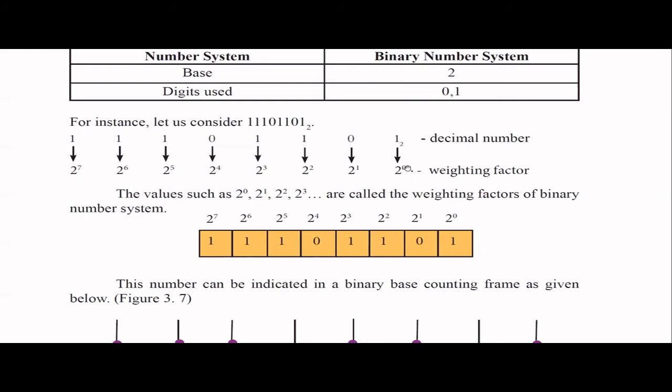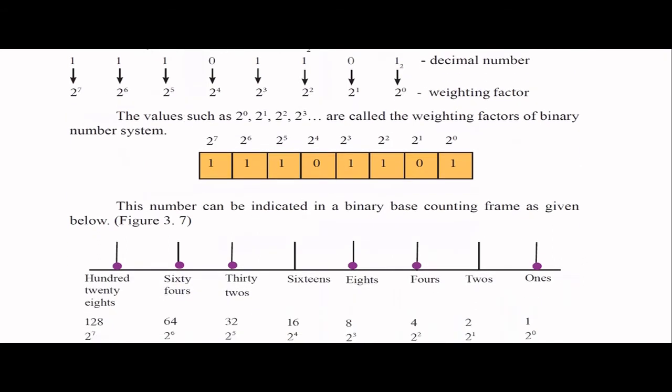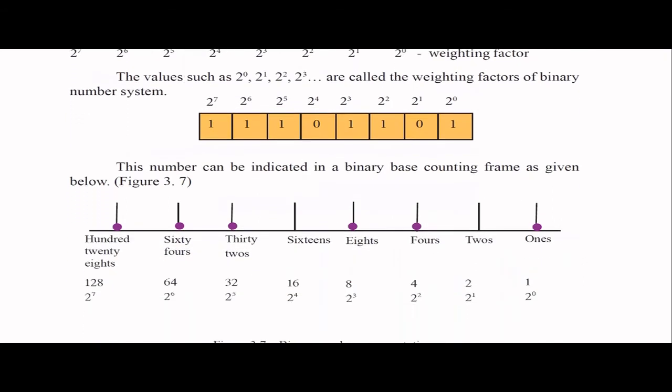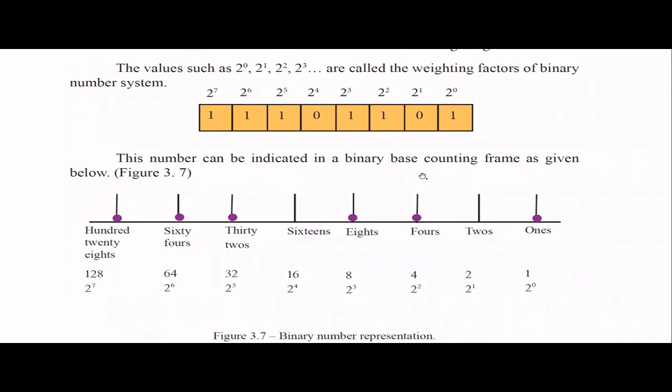So 2 to the power 0 is 1 anyway. Then 2 to the power 1, 2 to the power 2, 2 to the power 3, 2 to the power 4, 2 to the power 5, 2 to the power 6, like that it goes on. These are called weighting factors. In binary, it's powers of 2. In decimal, it's powers of 10. Got it? So this is the abacus for base 2.